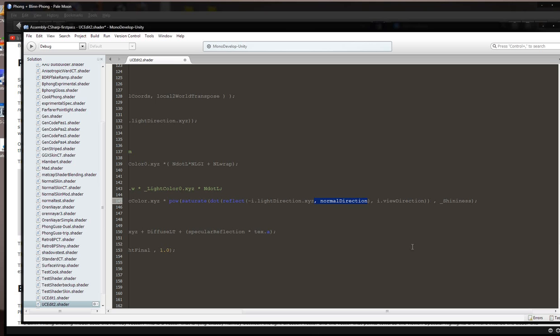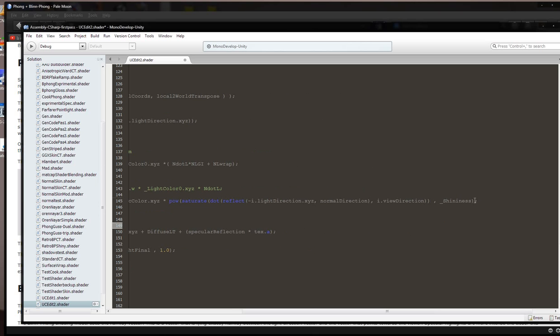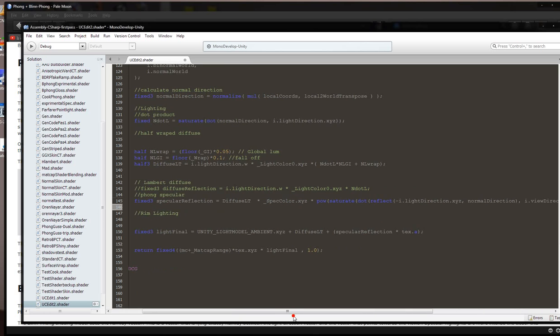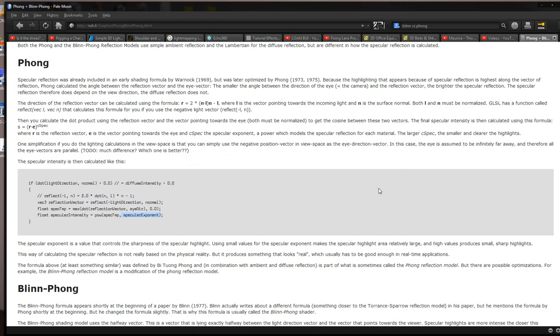In our case, our specular exponent is shininess. Unity actually recognizes this property, shininess, as generally being connected to a specular function.